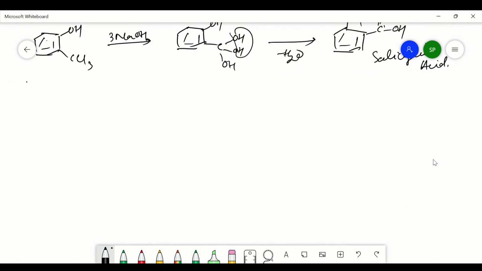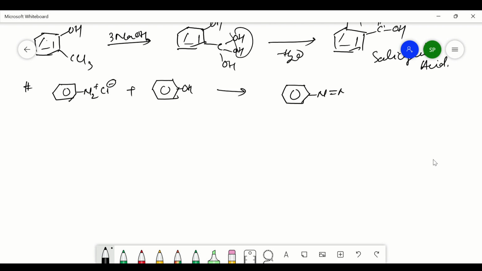Okay, if you see the reaction, benzene diazonium chloride, N2 plus Cl minus, reacts with phenol in presence of a base to produce azo compound, which is an orange dye.